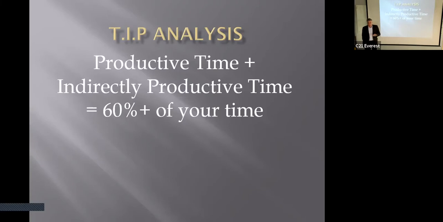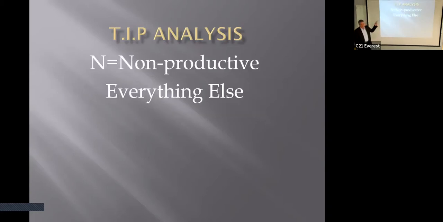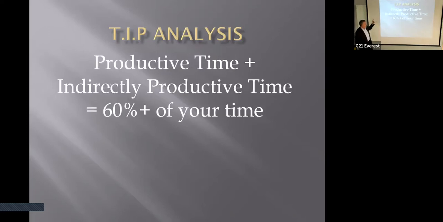So let me make sure you guys understand what I just said. I just allowed for you to have 40% of your time, almost half of your time, still spent non-productively. But as long as you're at least 60% productive in your time, you're going to make money in this business, and you're going to make good money in this business.